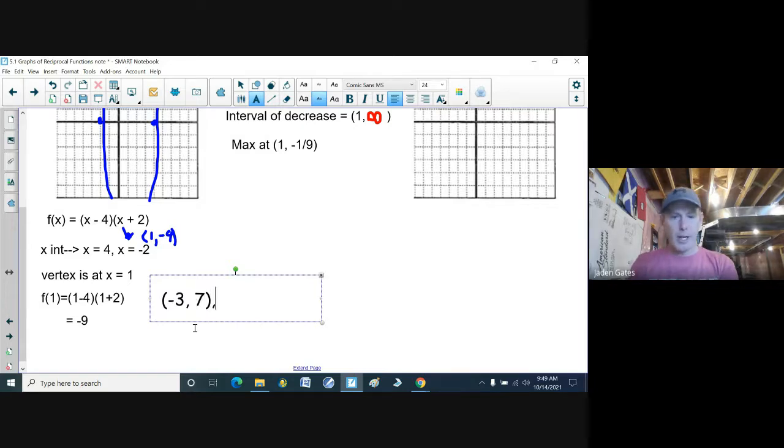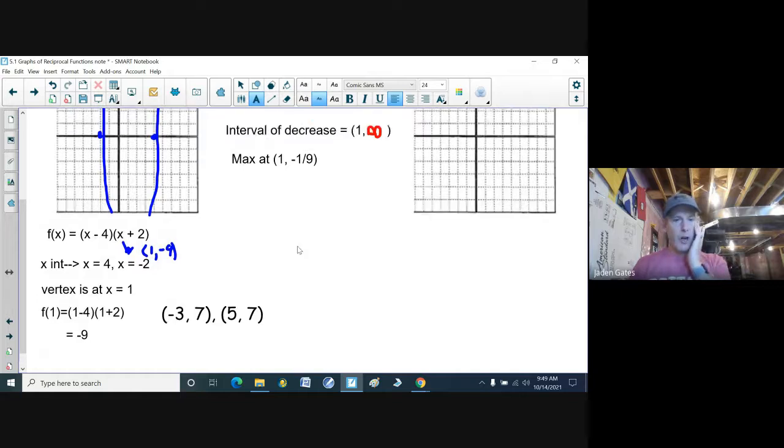Okay. I need a number right of our vertical asymptote of 4. Let's try 5, because we have 1 in the middle again, that's our max point. So let's go with 5. 5 minus 4 is 1, and again, it would be 7. Make sure you're right. Okay. So those are points on our original graph.